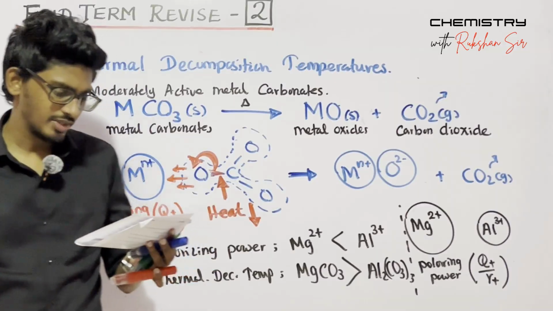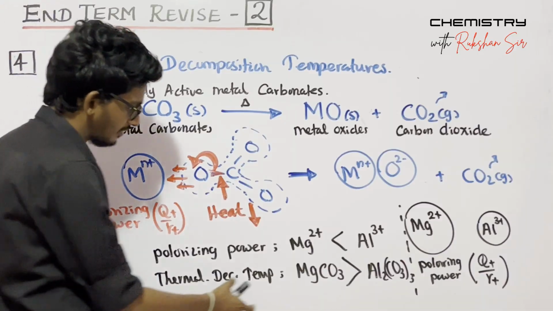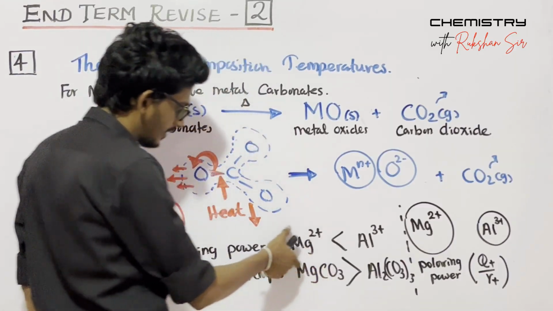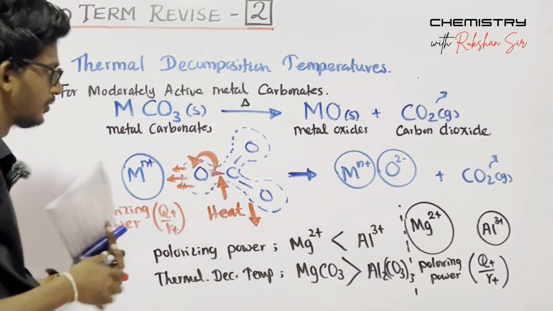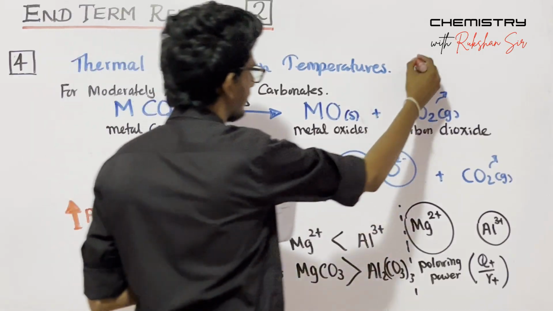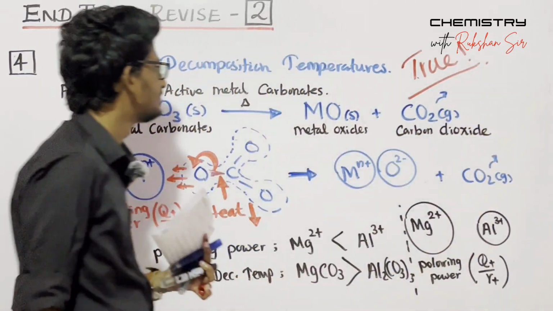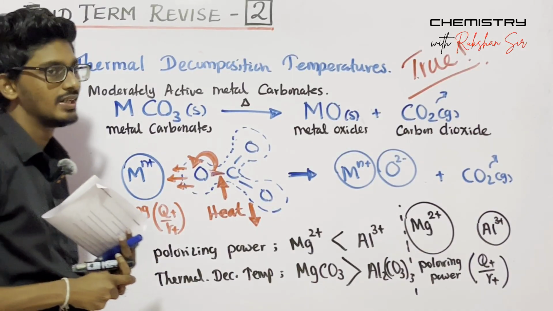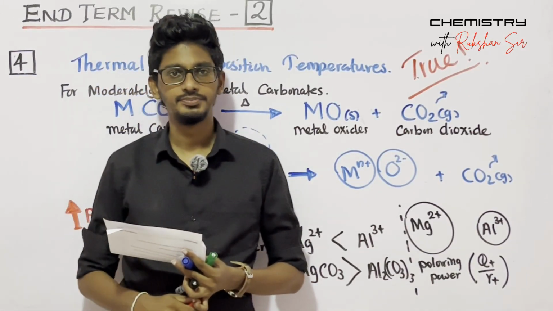Thermal decomposition temperature of magnesium carbonate is greater than that of aluminum carbonate. Yes, magnesium carbonate has a greater thermal decomposition temperature compared to aluminum carbonate, right? The statement is true. So that is the review for statement number 4.